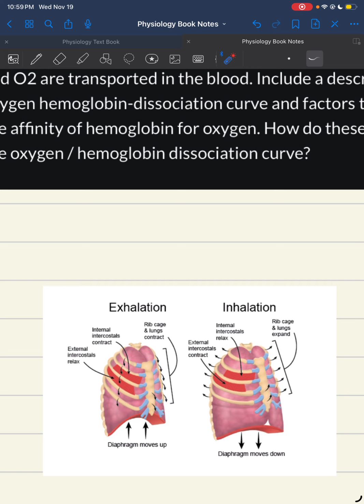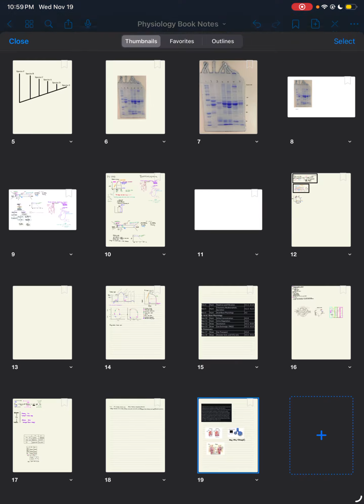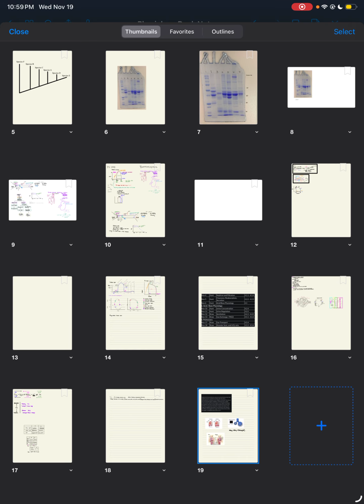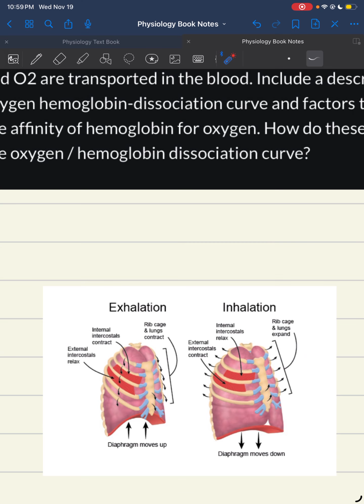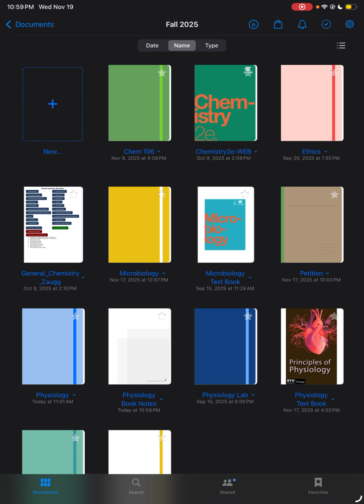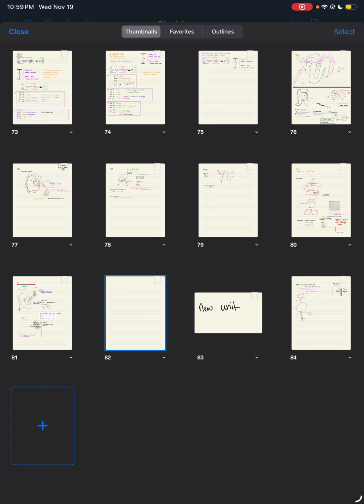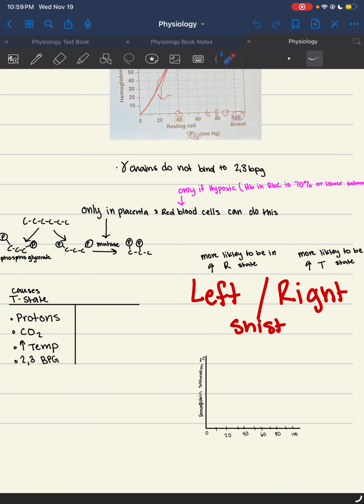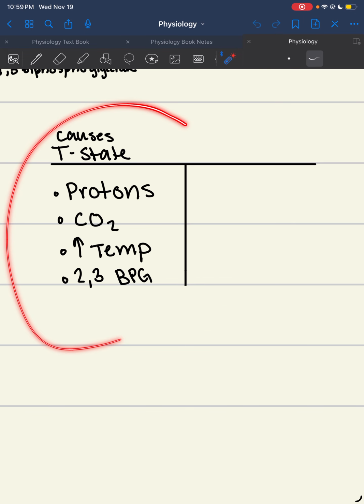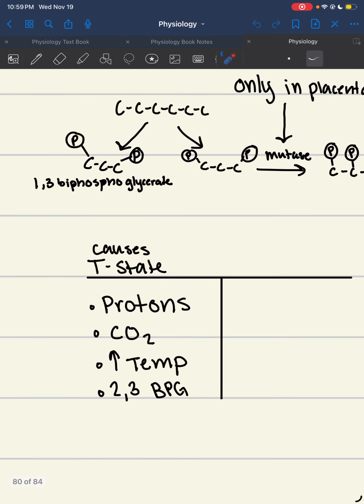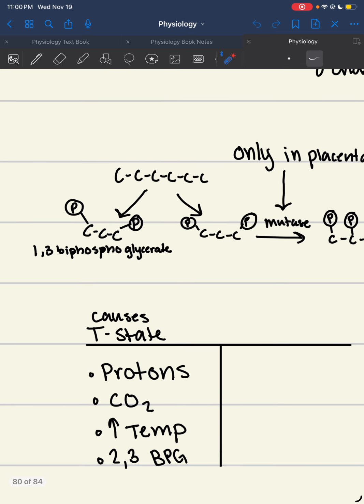Right shift and left shift. I know I have it in here. Right here, okay. Left shift and right shift. Right shift is caused by protons, CO2, high temperature, and 2,3-BPG. Just kidding, that's the T state.